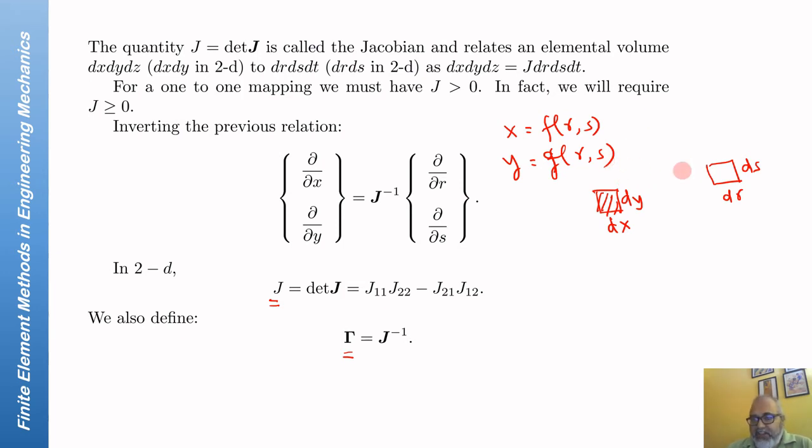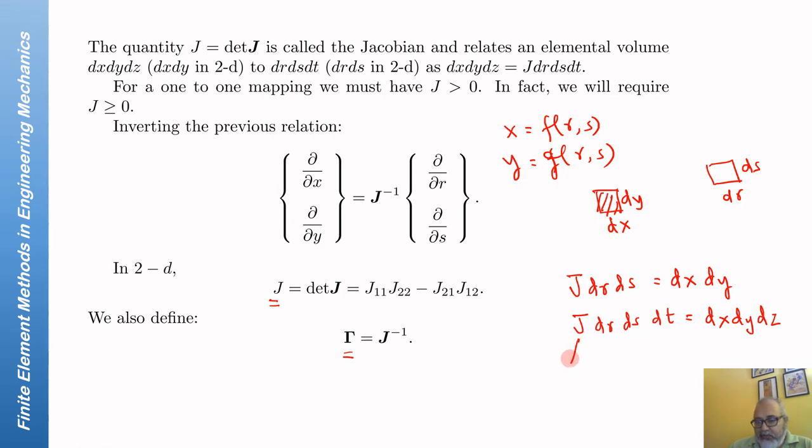So J relates these two volumes. In other words, J times dr ds is equal to dx dy. Or in 3D, if you use the other coordinate in the parent system as t, J times dr ds dt would be equal to dx dy dz.